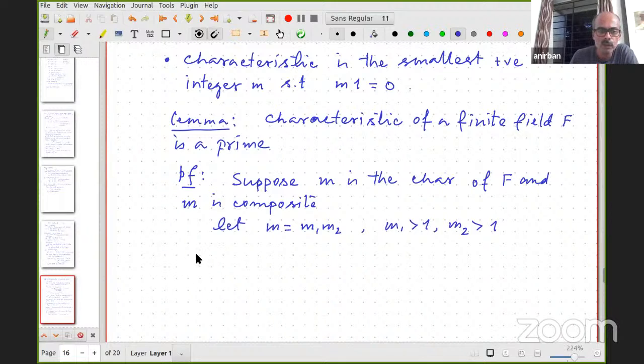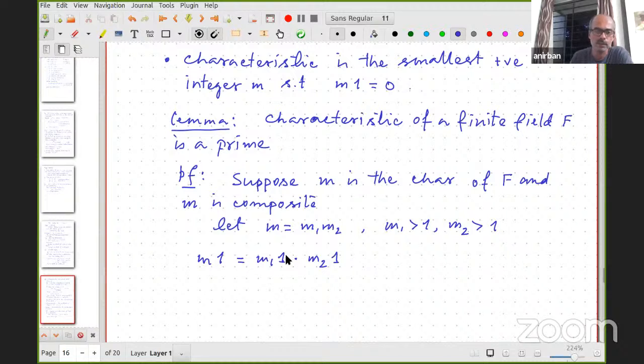And so m of 1, that is 1 added m times, can also be written as m1 of 1 multiplied by m2 of 1. That's just a regrouping: you have a sum of m things and you group it into groups of size m1, so you are left with m2 such groups.